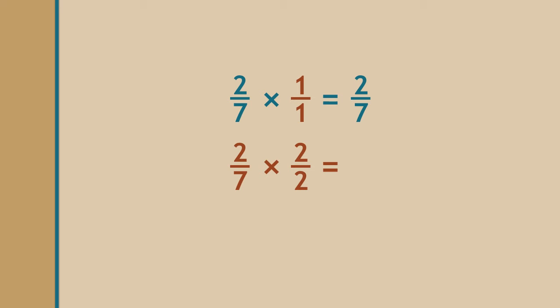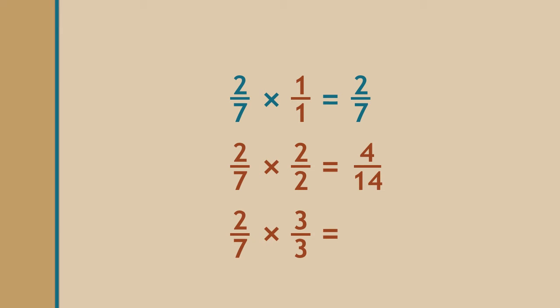We're just writing it in a different form. And so when we take that 2 over 2 and we multiply it by 2/7, we get 4 over 14. 2 times 2 is 4. 7 times 2 is 14. So that is showing us that 2/7 written in its higher terms can be written as 4 over 14. 2/7 and 4 over 14 are equivalent fractions.